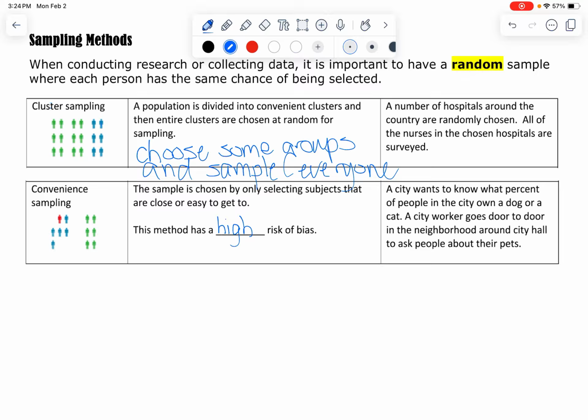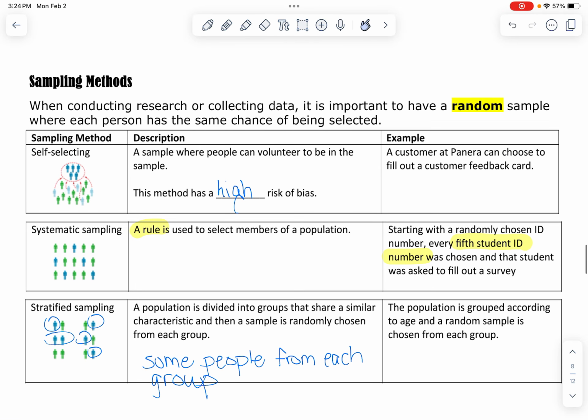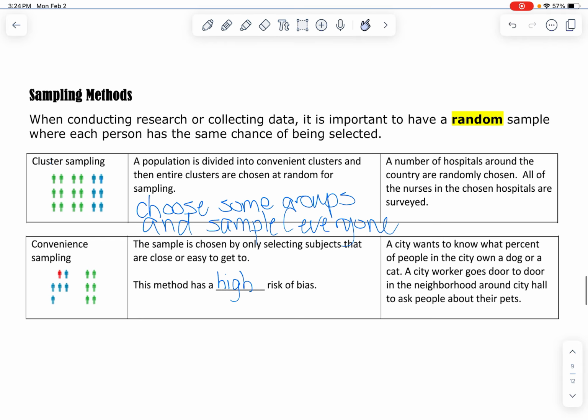They're not talking about the whole city or random spots around the city, so it's just the convenience, close and easy, right? So that's why we call it convenience sampling. So as much as we can, we probably want to avoid the convenience sampling and the self-selecting, just because they have a high risk of bias. But you'll notice that a lot of times these are methods that are used. And then you just want to be aware of it if it is used.